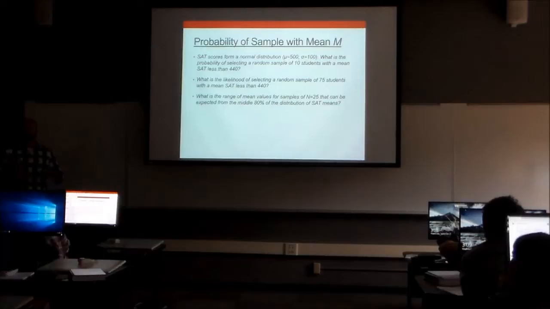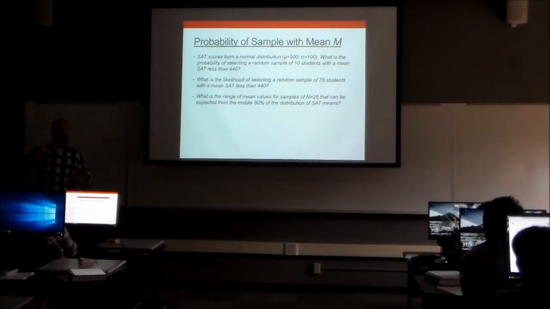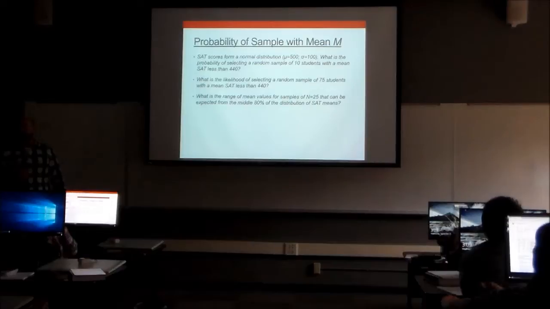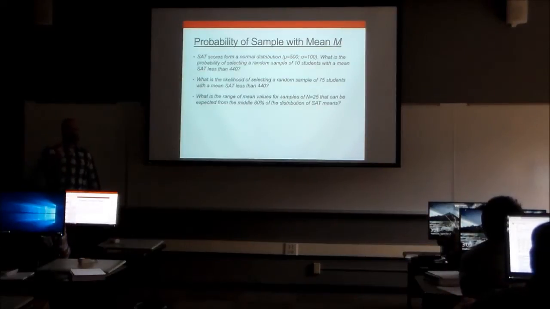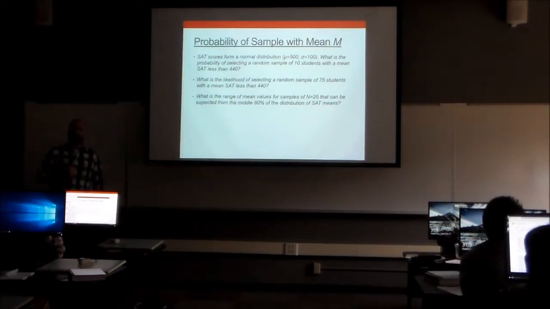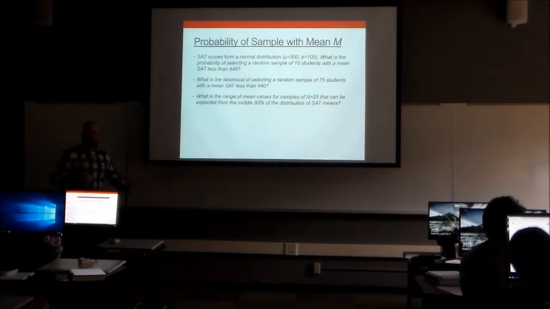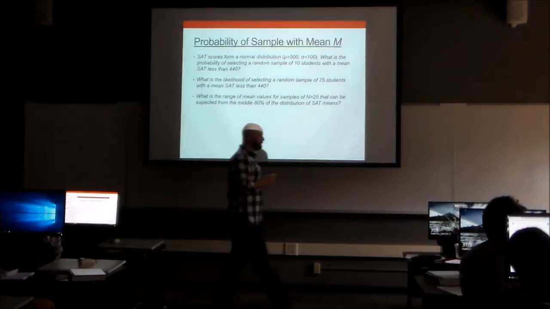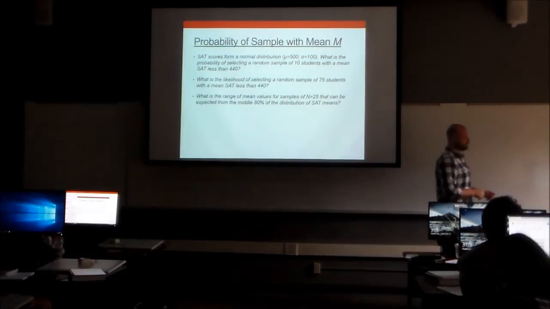If it's a small sample, it's probably low, but not outside the realm of possibility. As I start to get very large samples, what's the likelihood that they're going to deviate significantly from my population mean? It gets increasingly close to zero. You see some of the unique aspects of this? Okay.